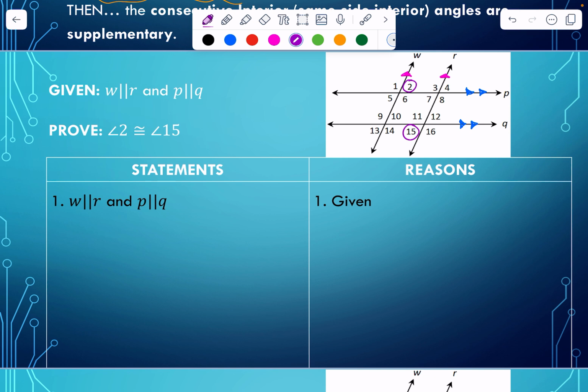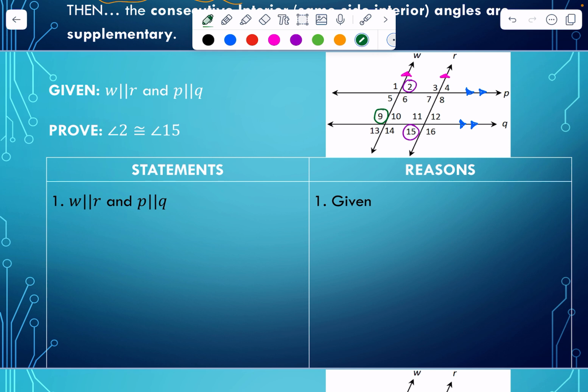So in this case we have to look for an opportunity to find an angle that has one of those four relationships, corresponding, alternate exterior, alternate interior, or consecutive interior, to both 2 and 15. I'm going to start here at angle 9.